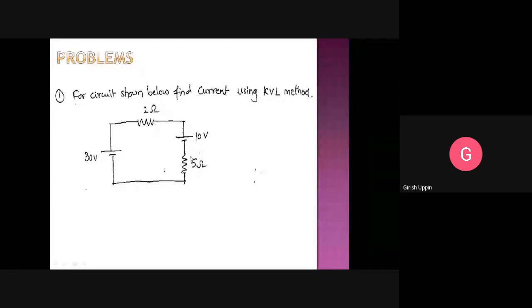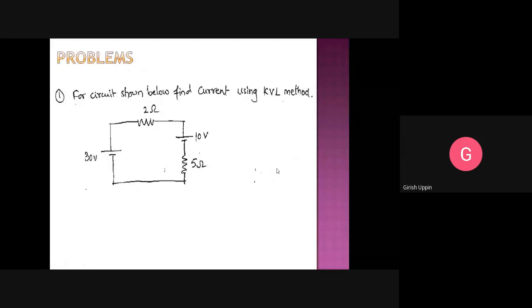And if you see, the 30 volt EMF source is trying to push the current in this direction, while this 10 volt source is trying to push the current in this direction. Effective voltage would be 30 minus 10, that is 20 volts. So it is as good as a 7 ohm resistor connected to a 20 volt EMF source. It's a simple circuit. We apply Ohm's law.